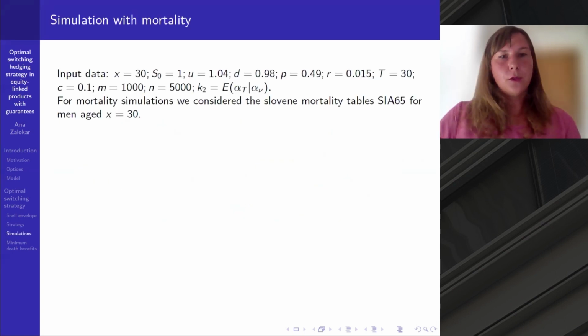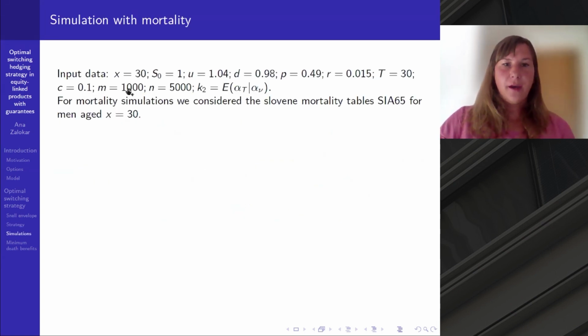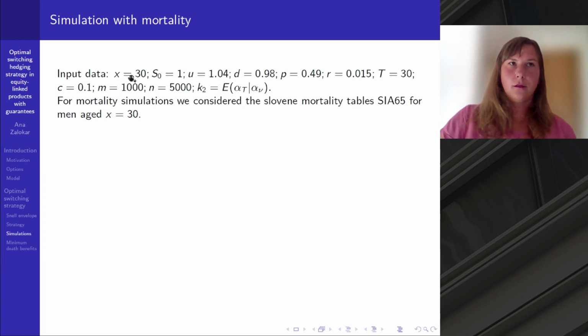Our input data: age X is 30, which means 30 years old when the policy starts. The initial stock price is 1. It can go up by factor U or down by factor D, with probability for up 0.49. The interest rate is 0.015.